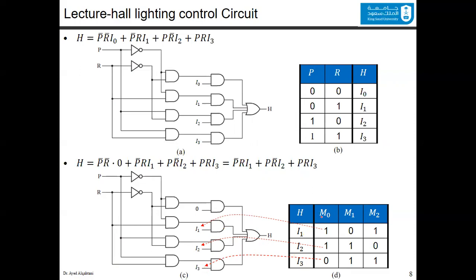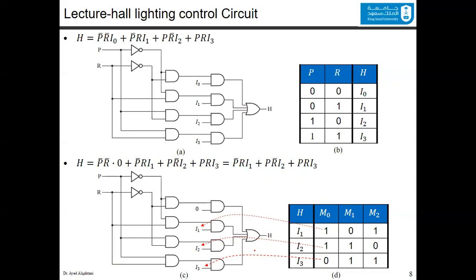So if you want mode 0, you will simply put 1 1 0, and you will get the corresponding H. If you want M1, you will simply put 0 1 1, and if you want the last mode, you will put 1 0 1, and you will get its corresponding function.